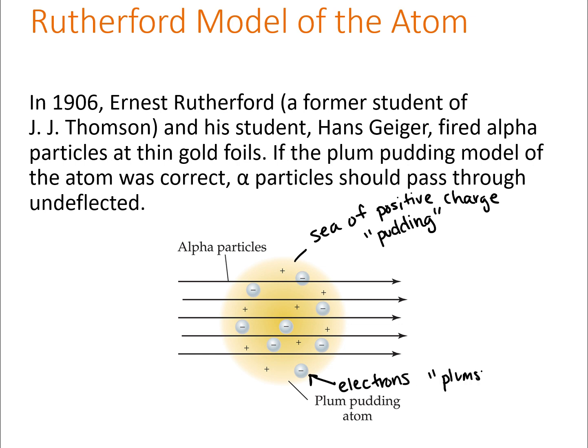Those are the plums or the raisins. Electrons are very small, so this atom is largely empty space.